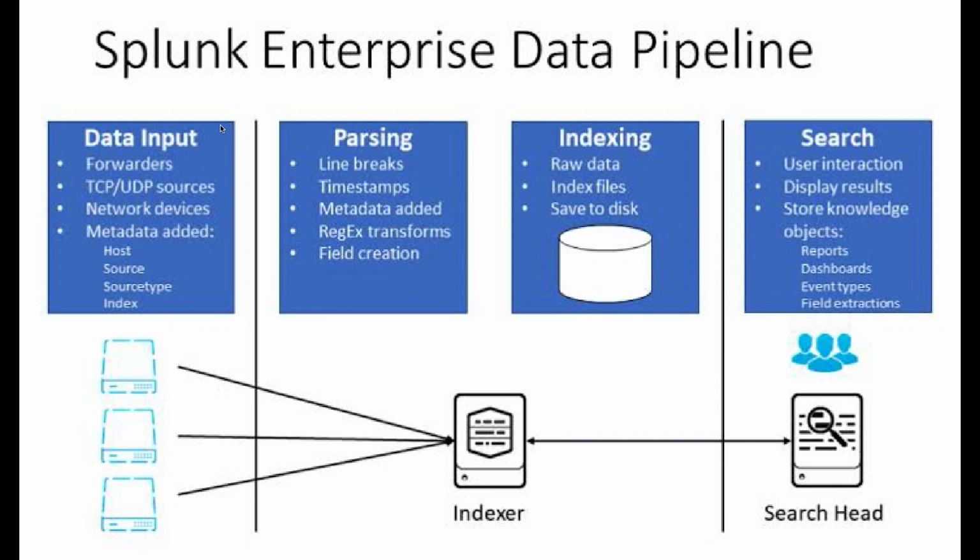The final part of the Splunk data pipeline is the search part, and this is usually covered by the search head. In this area, the analysts, the end users, can interact with the already processed data. They can visualize events, query for data, search for data, and start to use the already processed data in their day-to-day activities.